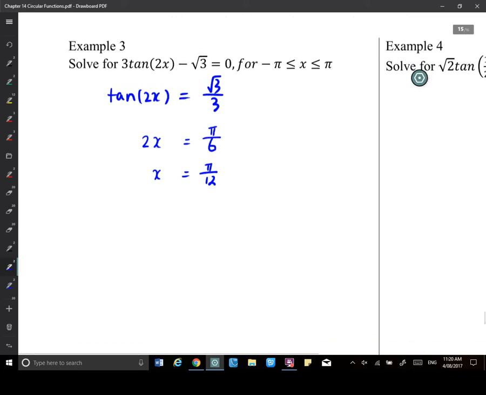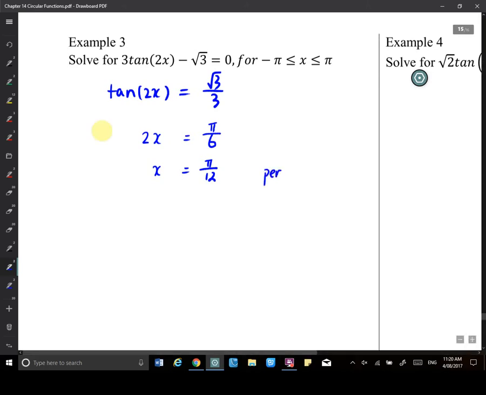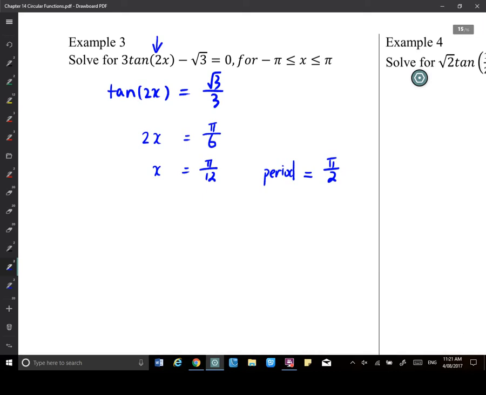Okay, so the next thing we think about is the period for this particular graph. The period equals pi divided by 2. The general period is pi, and then the n value is 2, so it's pi divided by n, and it's pi on 2.